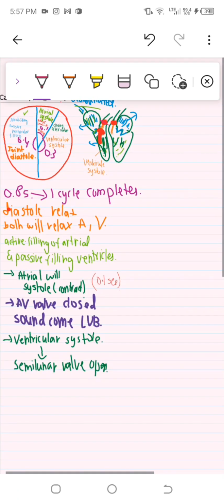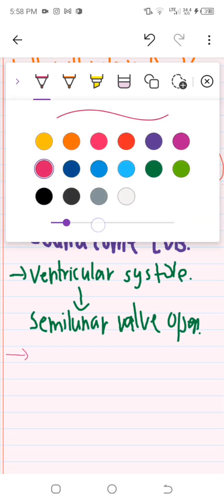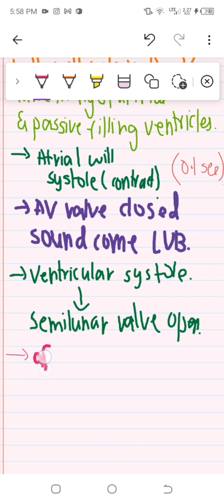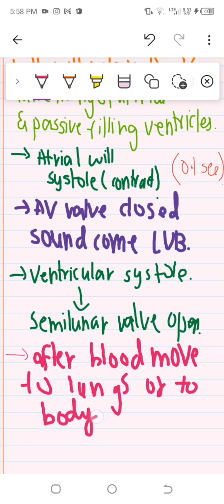Because the blood cannot come back into the ventricles.